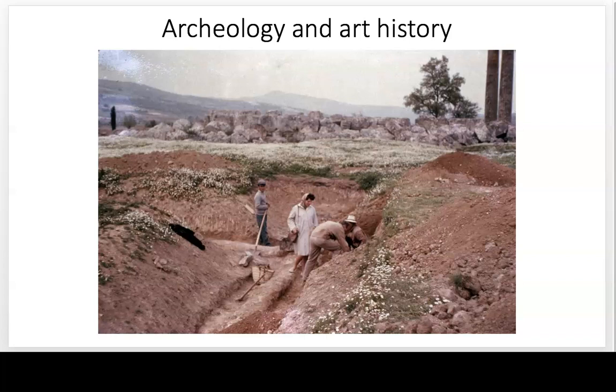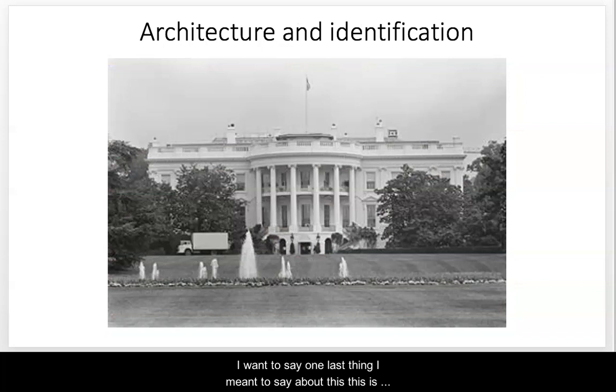Now, I want to say one last thing I meant to say about this. This is kind of sometimes the hardest type of pieces to show in art history, so we have to use a lot of imagery to show details and different angles, and also drawings at times to get you to try to understand the idea of the building.